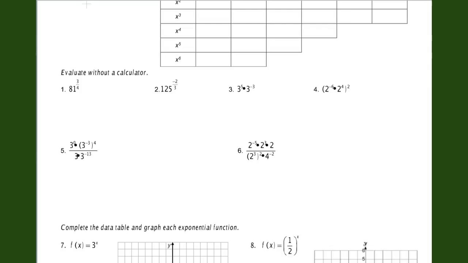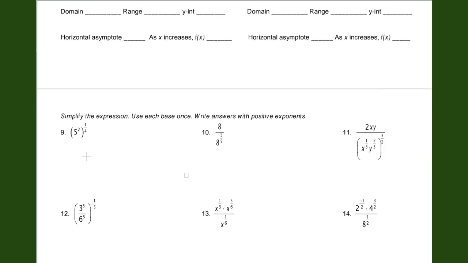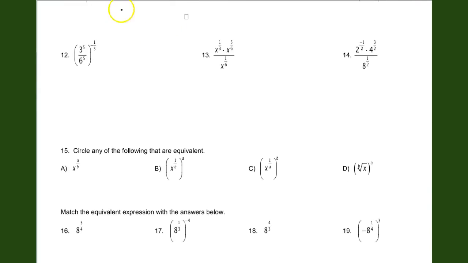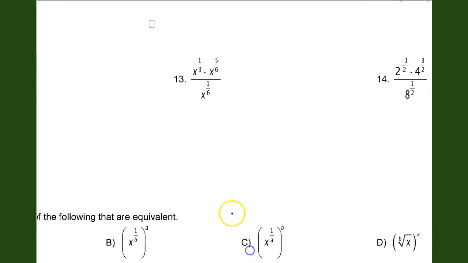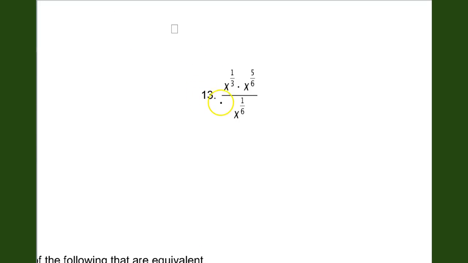So if you flip over the homework to number 13, I don't want you looking at this and saying, oh wait a minute, it's a bunch of fractions, I'm not sure how to do that. It's the same idea. We have two exponents with the same base. You still just add them together.